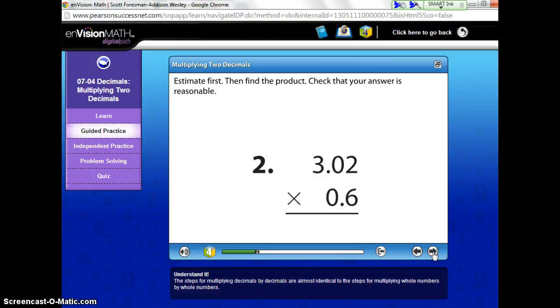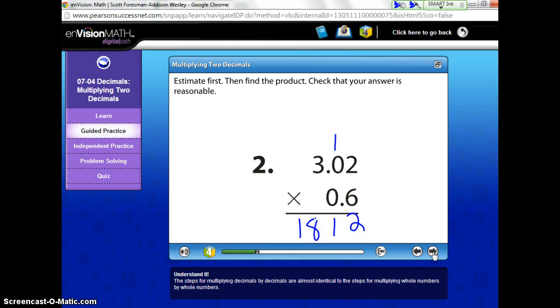Is this 0 in 0.6 — does it really have to be there when you rewrite the problem? It really doesn't. It's just a placeholder. 6 times 2. 6 times 0, plus 1 more. 6 times 3. Now what do we do with this 0? Do we need to take 0 times 2, 0 times 0?